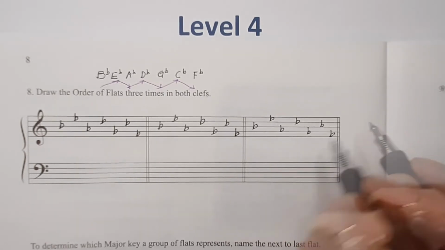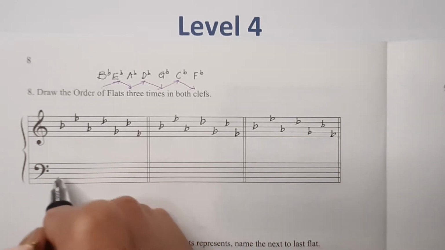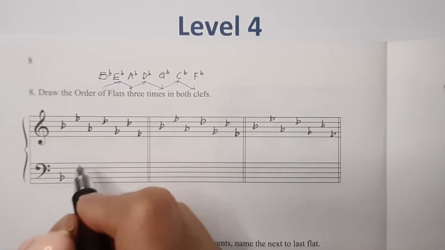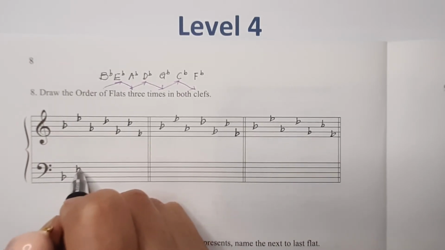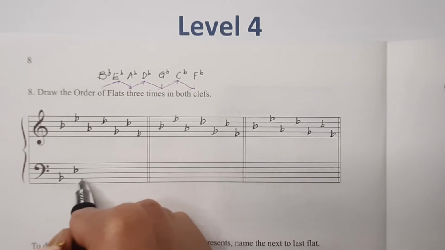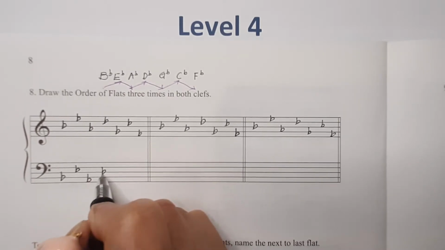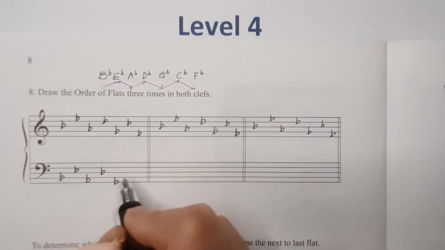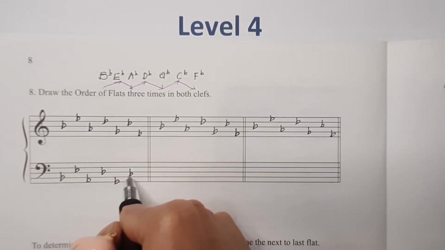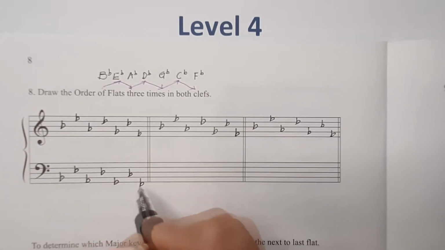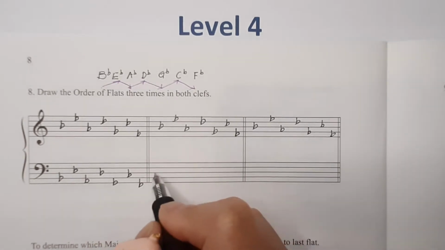Can you do the same thing for the bass clef? B on the second line, E, A, D, up, G, down, C, up, and F, down here. Okay, two more.